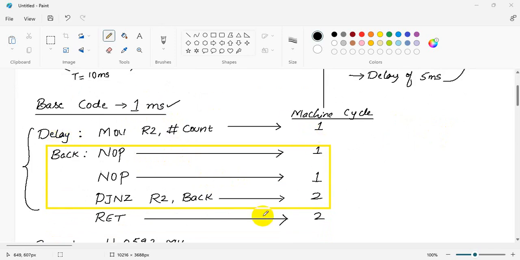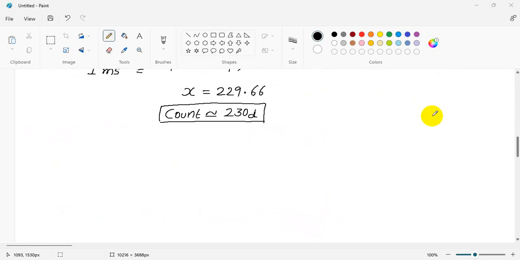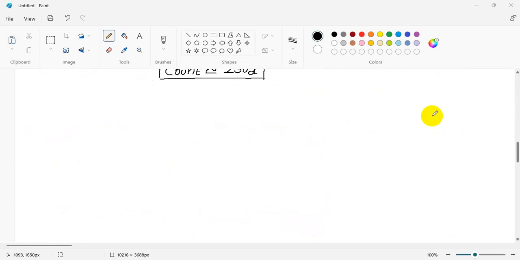The answer is, if you know the base code, we can call this base code any number of times to achieve the required delay. The required delay is 5 milliseconds. How do we achieve this?